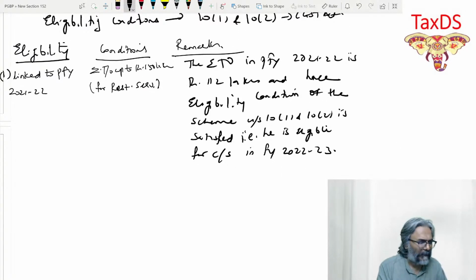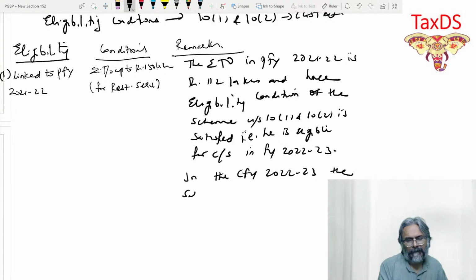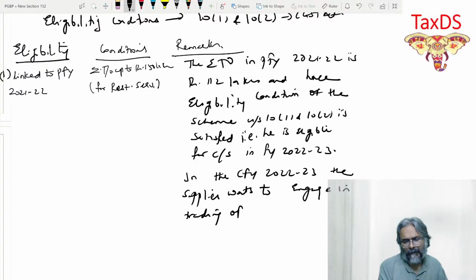Now you will write in the next paragraph: in the current financial year 22-23, the supplier wants to engage in trading of goods, which is also eligible supply.